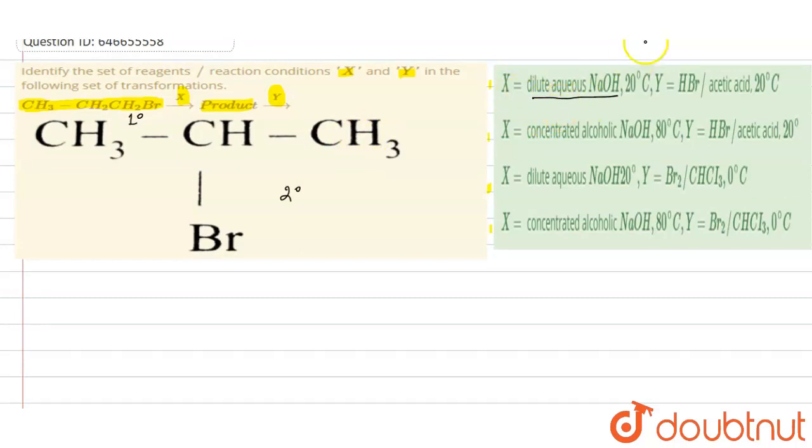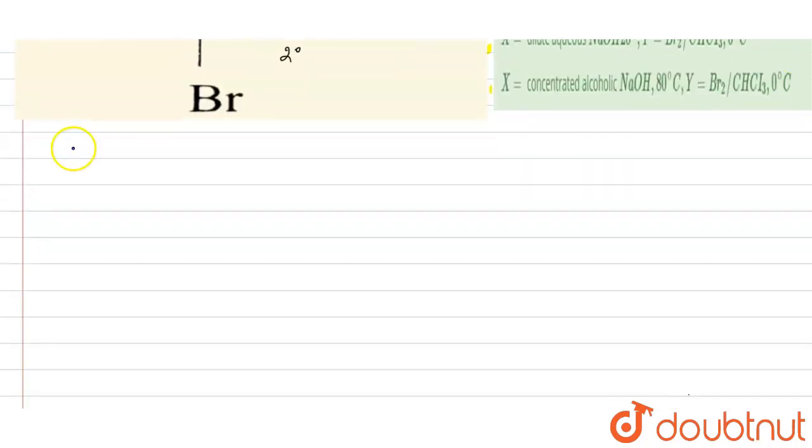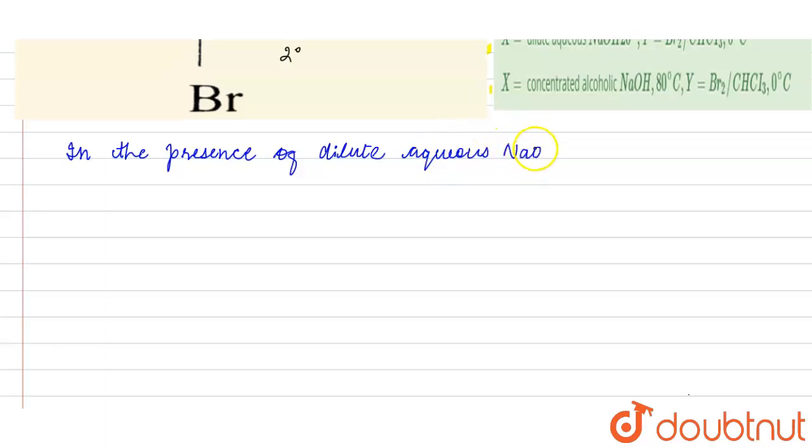In the presence of dilute aqueous NaOH, we know that substitution of OH occurs.